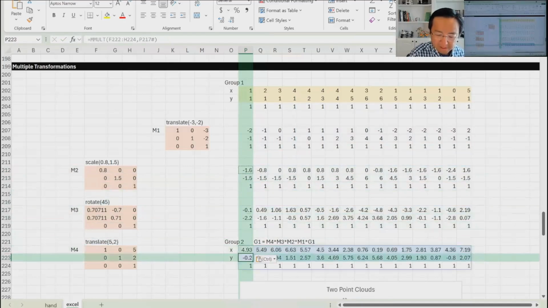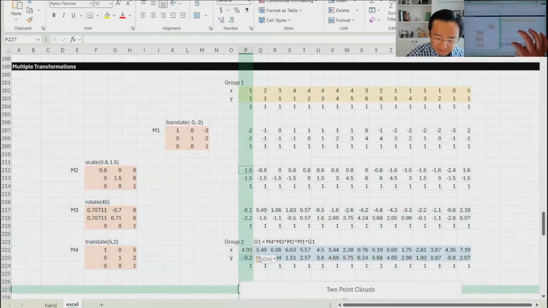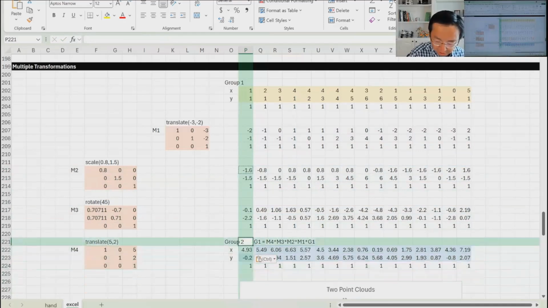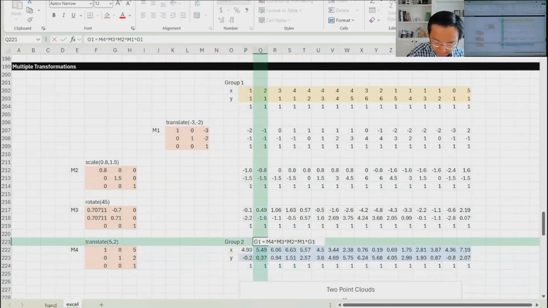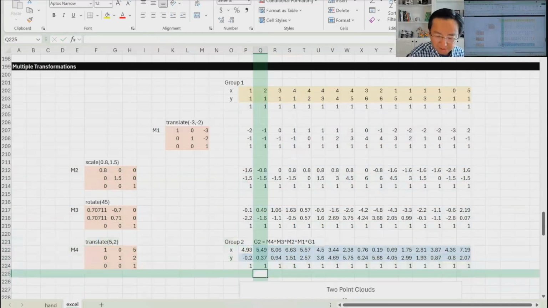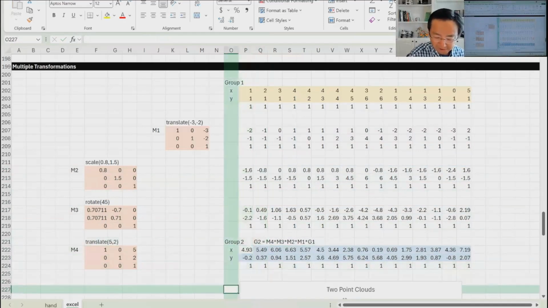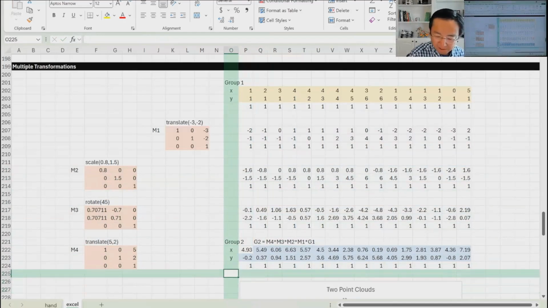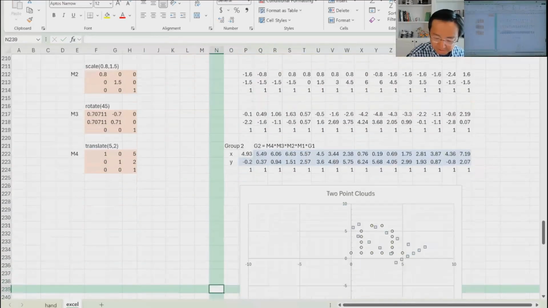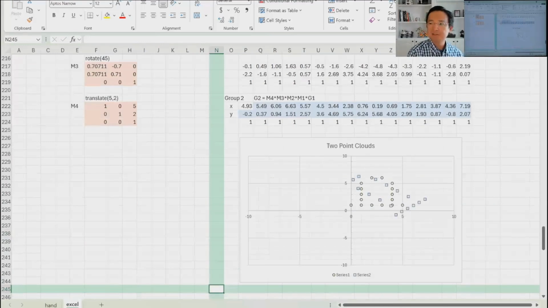So this is the way that I multiply just one by one. So this is the equation G2: from right to left, G1 times M1, then times M2, then times M3, then times M4. I get this one, and the result looks like this, tilted a little bit and scaled.